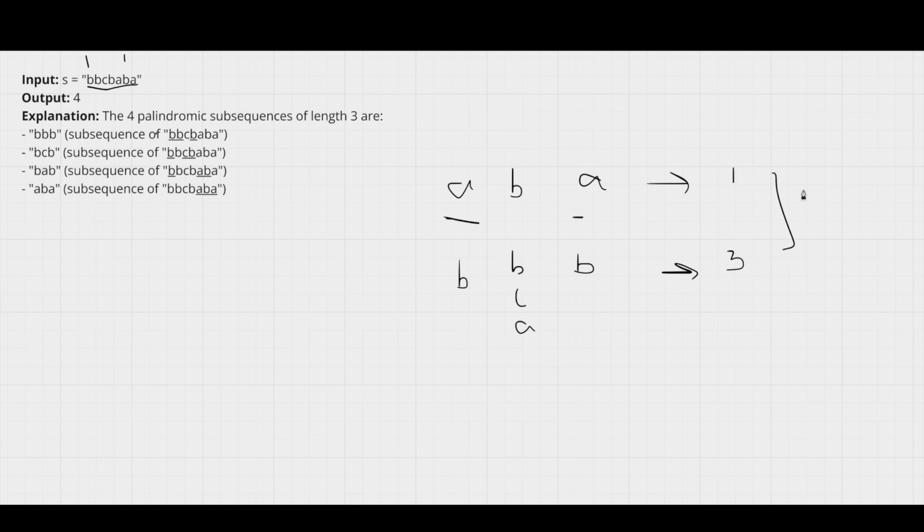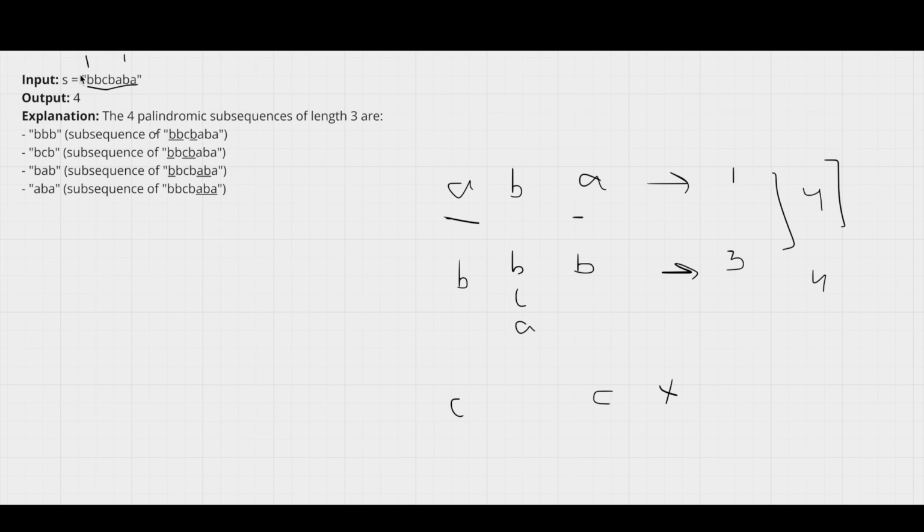So the total is 4. Now we are fixing for C and C. But for C we are having only one frequency, so it is not possible to make a palindromic subsequence of length 3. So the answer is 4 only. So what we have to do is find the frequency of every character and their start index and end index.